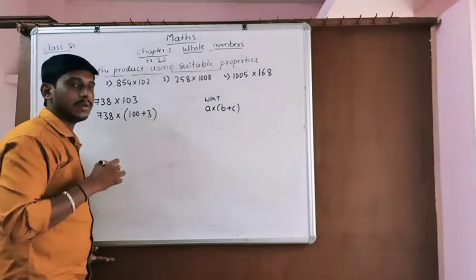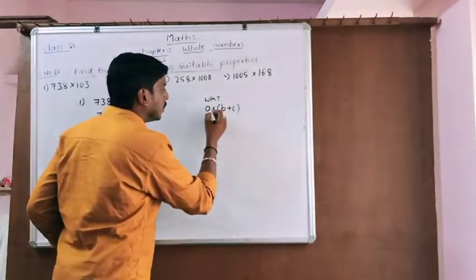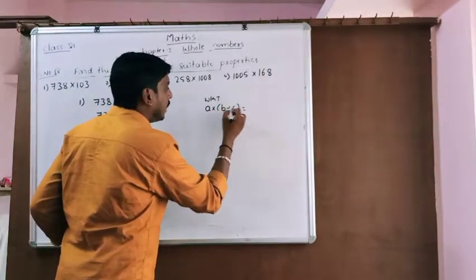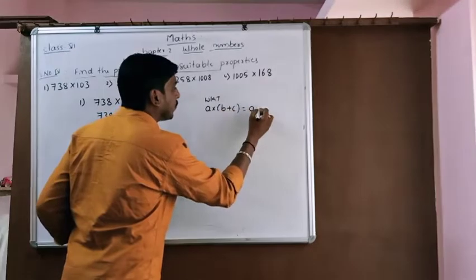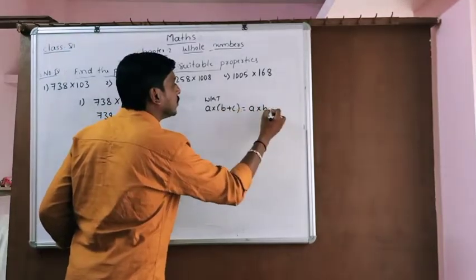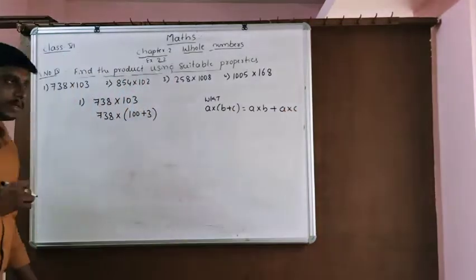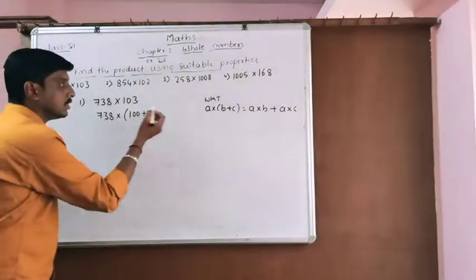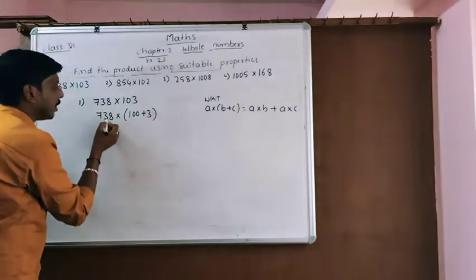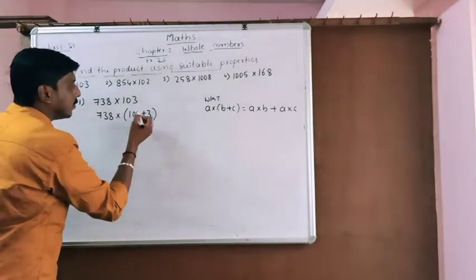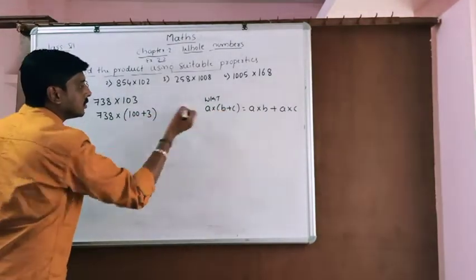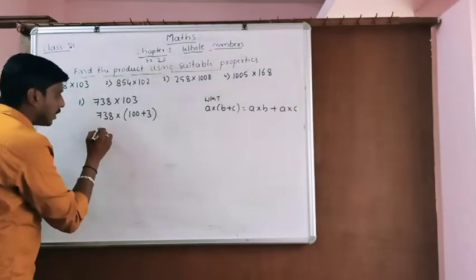Distributive property over the addition. Here A into B plus A into C. So distributive property. The same way, instead of A, B, C, here A value is 738, B value is 100 and C value is 3. Just compare.